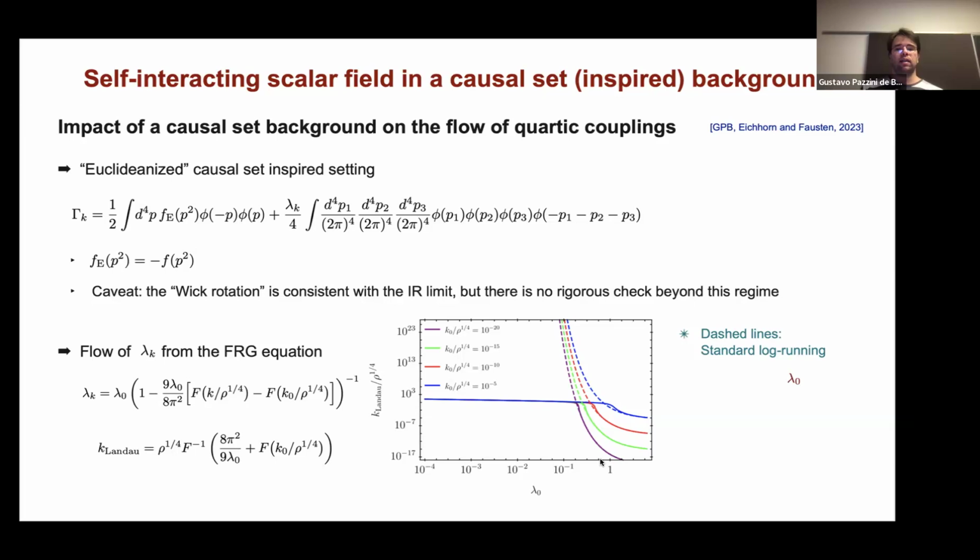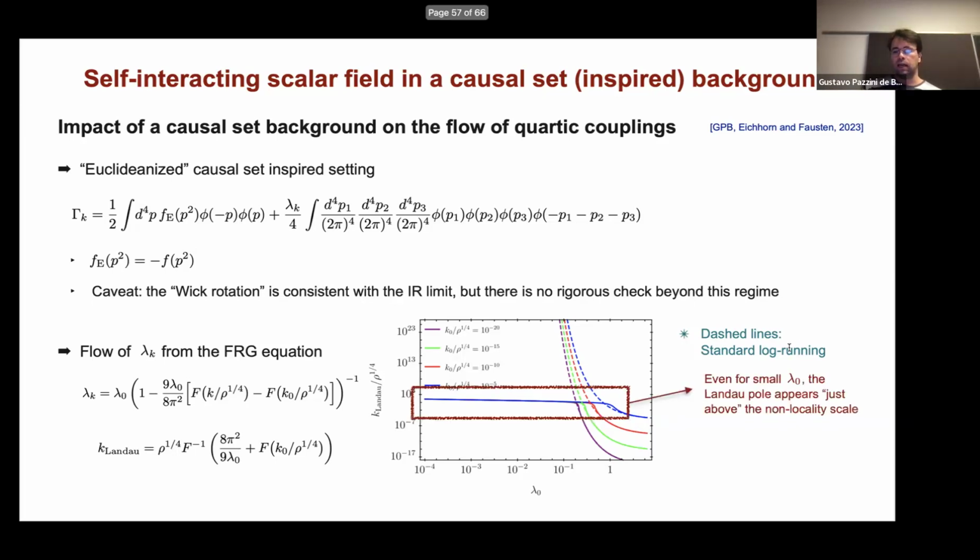And more than that, I would like in particular to focus on this region of the plot, which is the region where we have small infrared values for the quartic coupling. And we see that even if you make the infrared value for lambda very small, you still get a Landau pole right above the non-locality scale. And this is quite different from the standard logarithmic running.